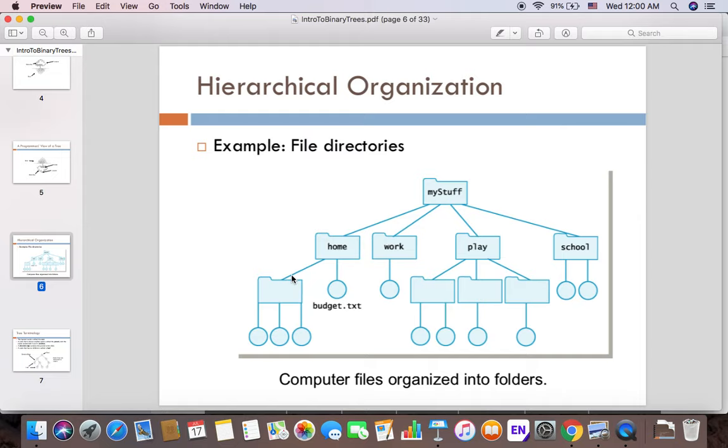So here is a picture of a hierarchical organization, which is an example of the real world usage of the tree. You can first imagine your computer, where you have different directories, like directory C, D, E, and so on, depending on how you partition your computer. But like in this picture, we have on the very top as a root node my stuff, and then underneath of that we have different directories connected to the root node, that is school, play, work and home.